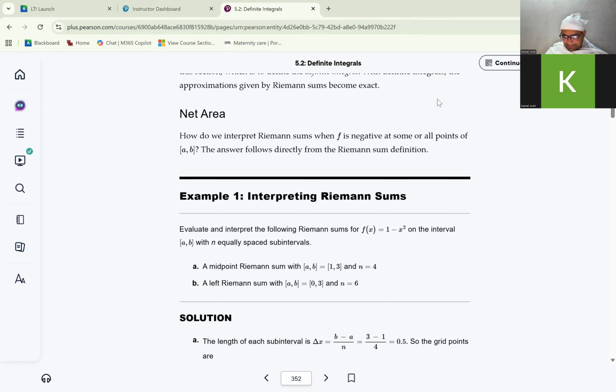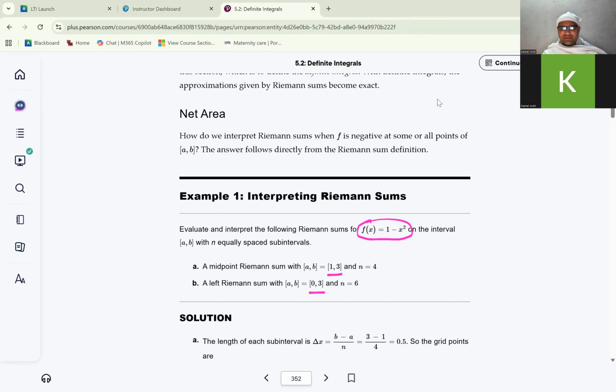The authors here have taken the function f of x equals 1 minus x squared, and we are asked to look at two intervals, one from 1 to 3 and the other from 0 to 3, right?